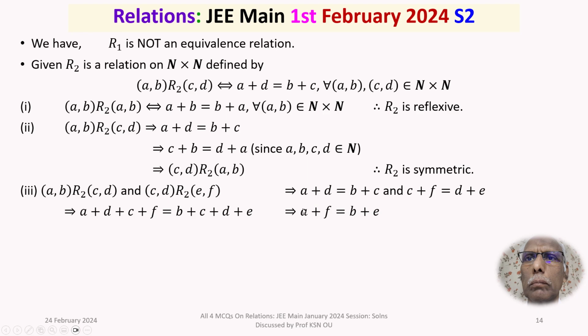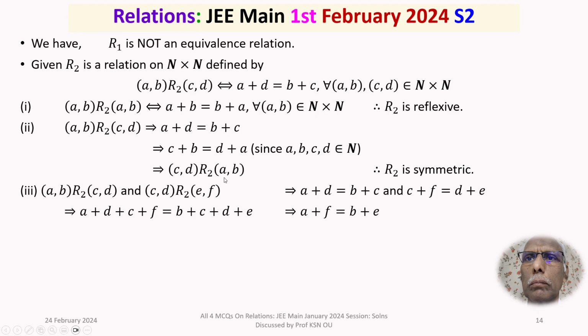That means A comma B is related to E comma F. Why?